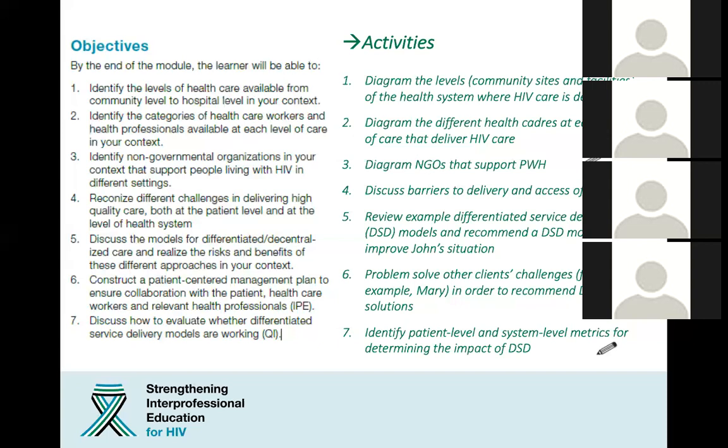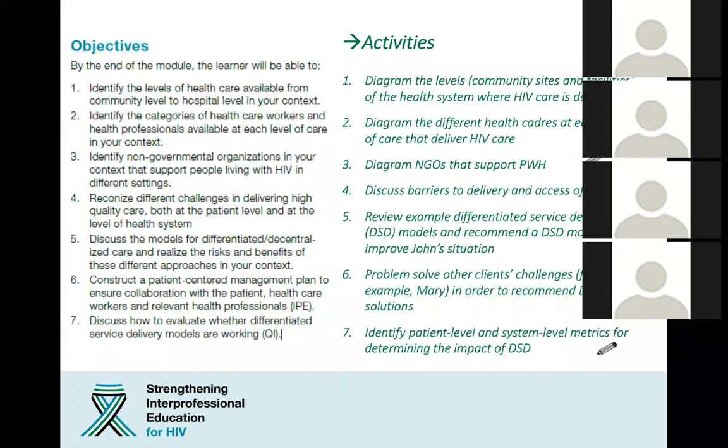And so how could the learner come up with a set of metrics or indicators that would allow Andrew to understand whether these differentiated service models are improving care for John and Mary?